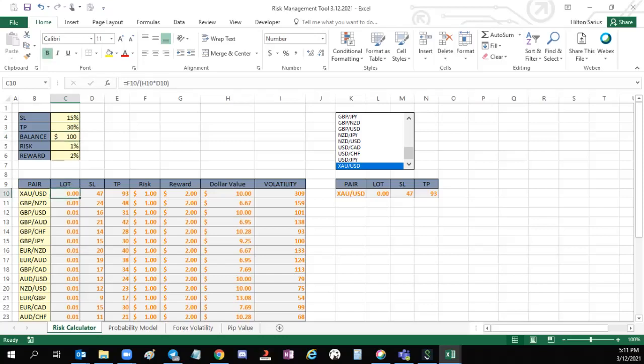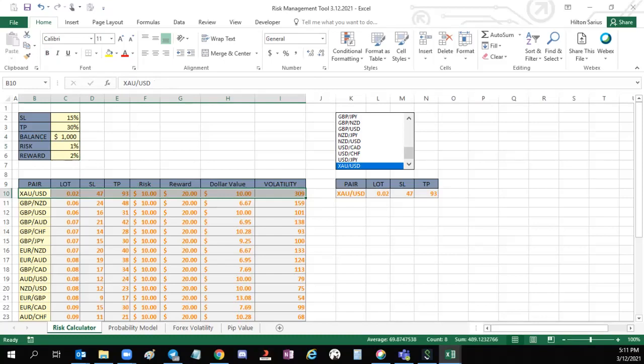Even if you're trying to use the smallest lot size, it will not be small enough to trade the $100 account. You'll be over leveraging. That's why with a $100 account, you will see 0. If you're trading a $500 account, you're still using 0.01. If you're trading a $1,000 account, then you could start using 0.02 for gold. And gold is the highest volatility, so gold will have the lowest lot size.